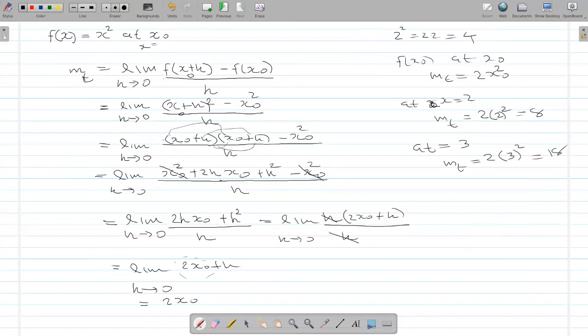In general, at a general point x, the derivative is 2x, sorry, it's just 2x, not squared. Let me correct that, sorry.